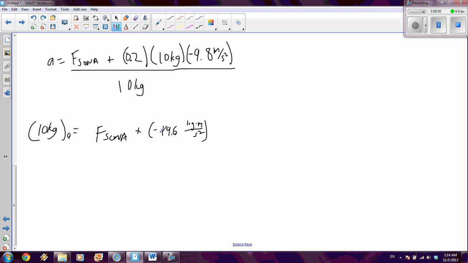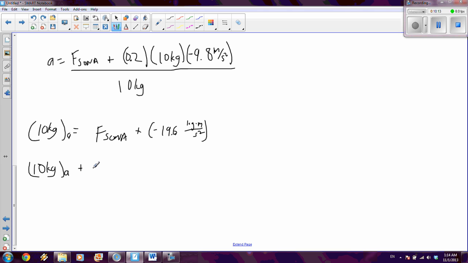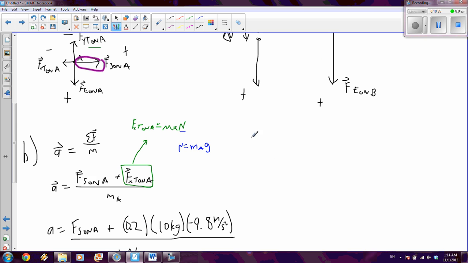Move this over to the other side, add 19.6 to both sides, and we get 10 kilograms times a plus 19.6 kilograms times meters per second squared. That's equal to the force string on box A. So we'll leave that where it is and go back up to our system B.